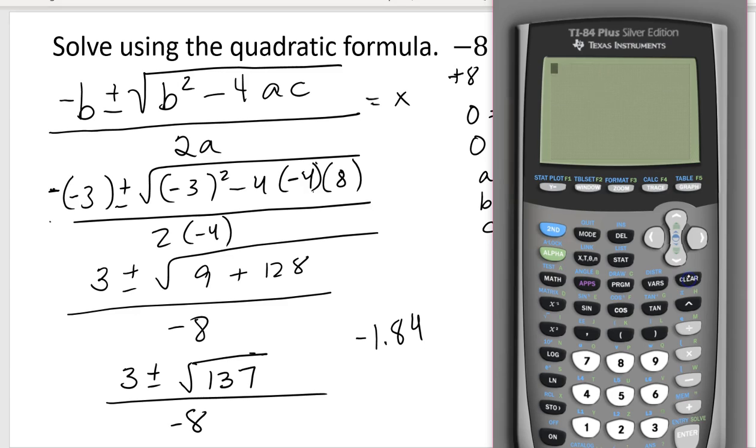Or, let's do it again. Another way you can do it is you can say 3 plus square root of 137, and then divide by negative 8 in one line. But if you do this, you must enter a parentheses before and after when you're indicating the numerator, and then divide by your denominator.